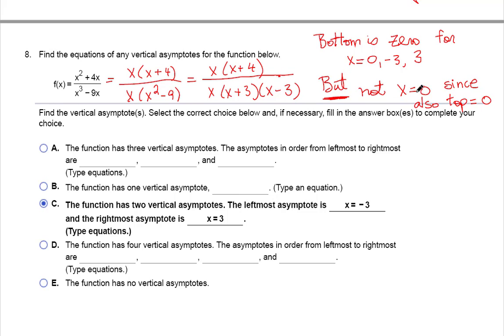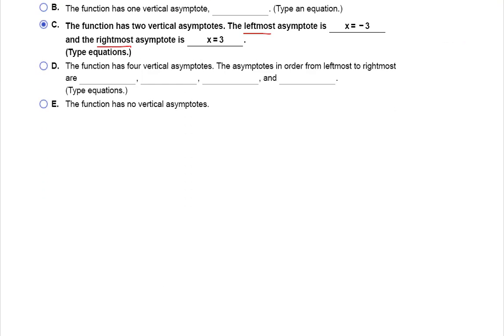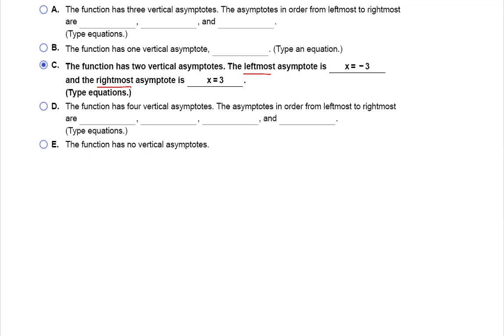So x equals 0 is not a vertical asymptote. The only vertical asymptotes are 3 and minus 3. And again, they want this business of leftmost and rightmost. And so that concludes our look at polynomial and rational functions.